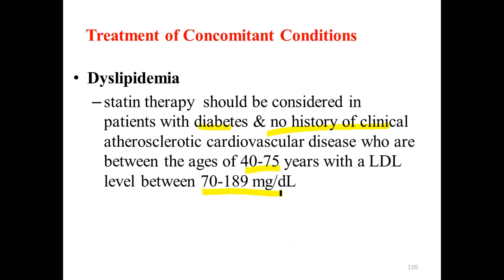Remember, in type 2 DM, dyslipidemia is also very common, so statins should be considered. But the current evidence shows that statins have no benefit when the patient's age is above 75. Rather, the risk outweighs the benefit.